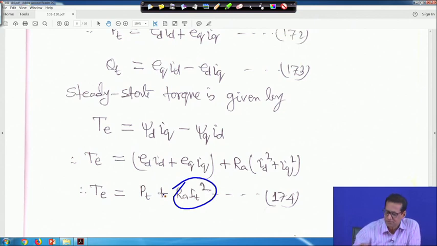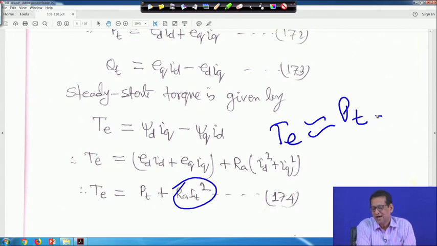So, torque will be approximately equal to the power output Pt. Therefore, when you convert into the per unit system, if you neglect the loss, you will find that per unit torque and power are the same, because this term Ra It square is very small.